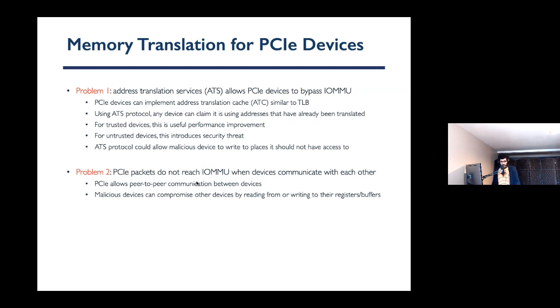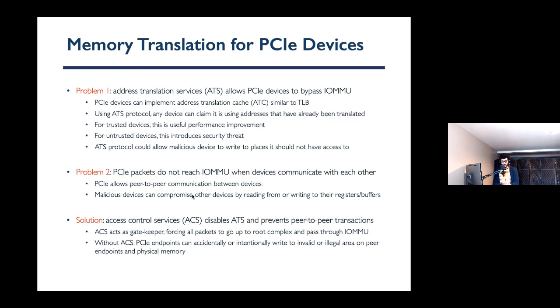So both of these could be disabled to solve the security problem. You can actually use the access control service, ACS, which would then disable ATS, which is problem number 1.